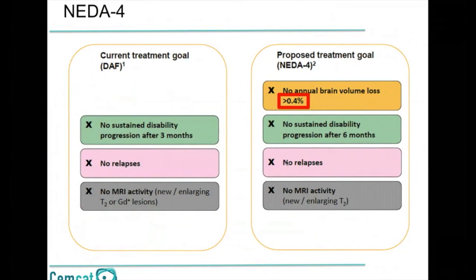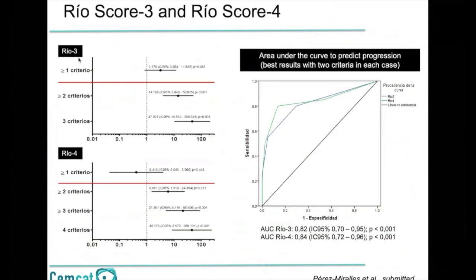Then it is not strange that brain volume loss has been proposed to be added to the different parameters that we use to score response to drugs, either in the proposed NEDA-4 using a NEDA concept, or we have recently presented that adding brain volume parameters to the RIO score, so using, let's say, RIO score 4, we are able to improve our prediction.